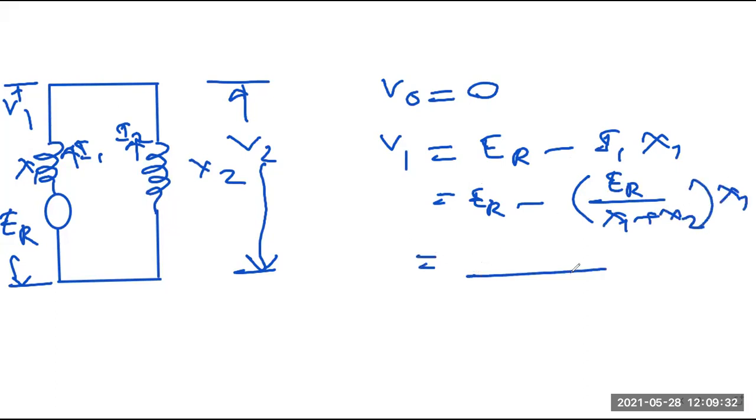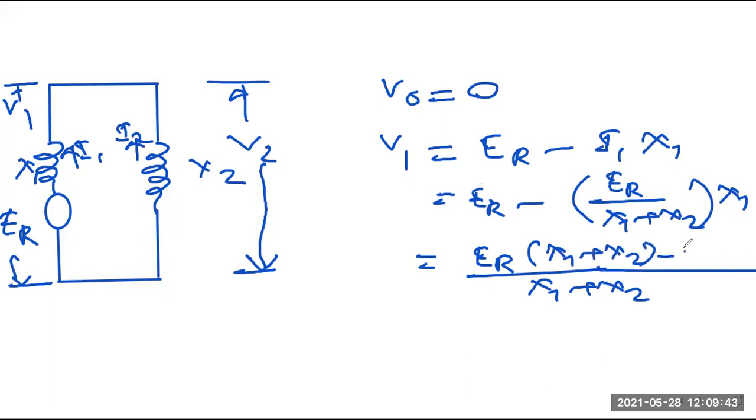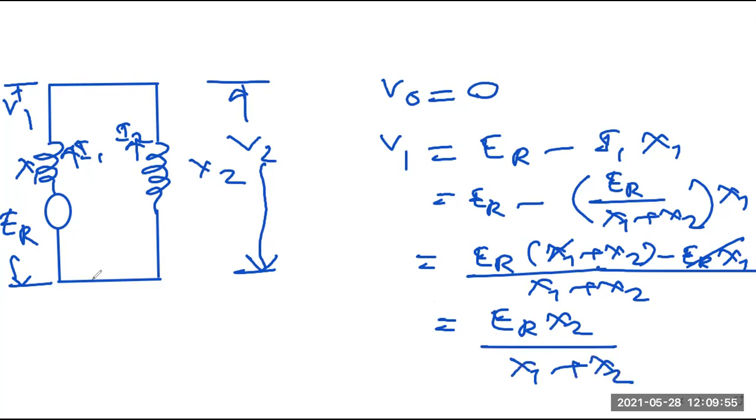This is ER, we'll take common: ER times X1 plus X2 minus ER into X1. Now this ER X1 and this ER X1 will cancel. So this will be ER into X2 by X1 plus X2.